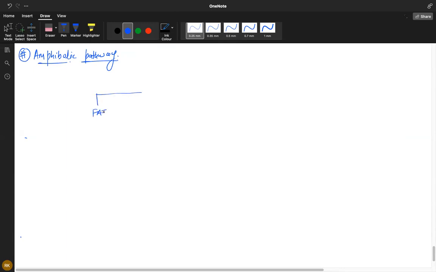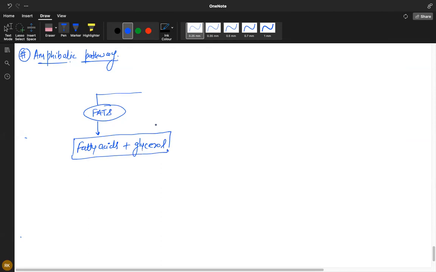So you say that if apart from glucose we are working with fats, then they need to be broken down into their components. Fats are made up of fatty acids and glycerol, right? This is what you're saying.